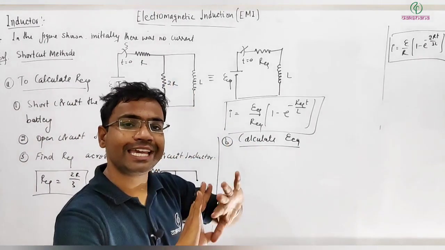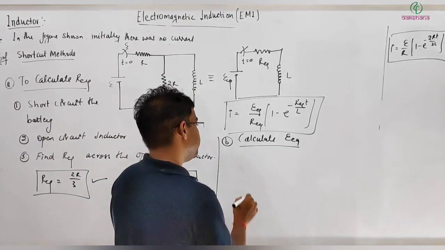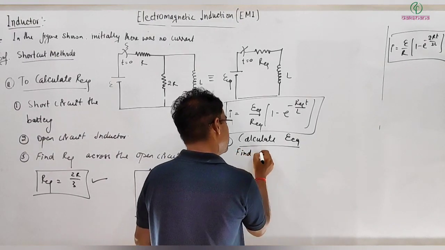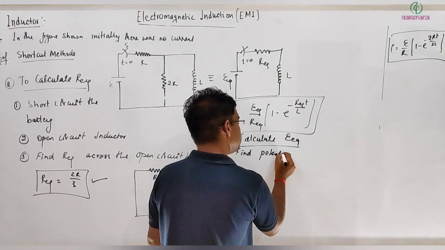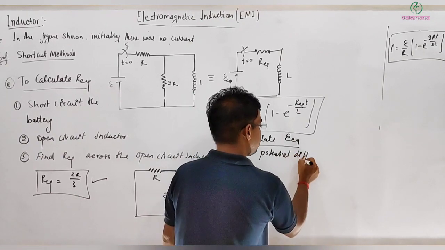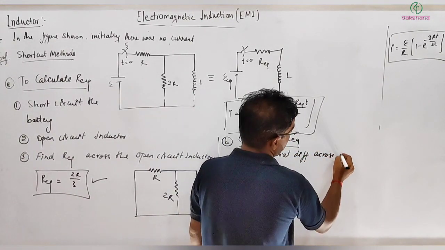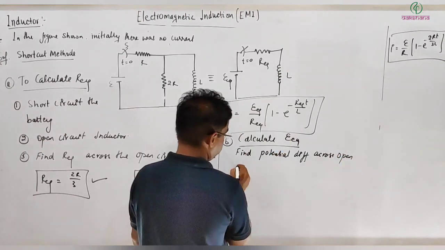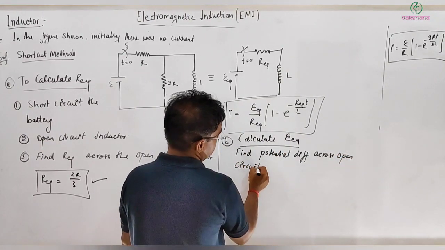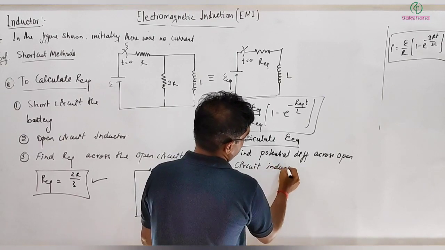Keep the remaining circuit as it is. Find the potential difference across the open circuit inductor.